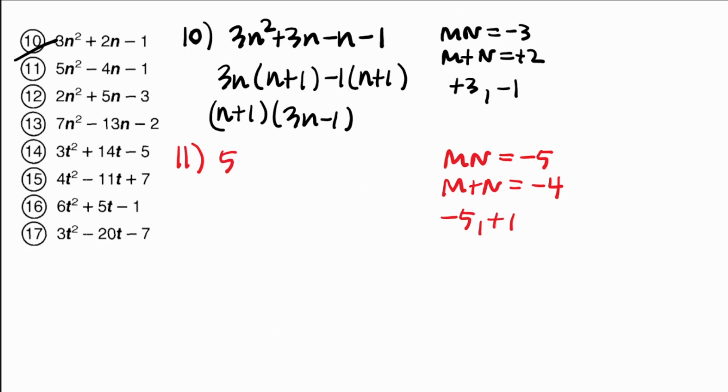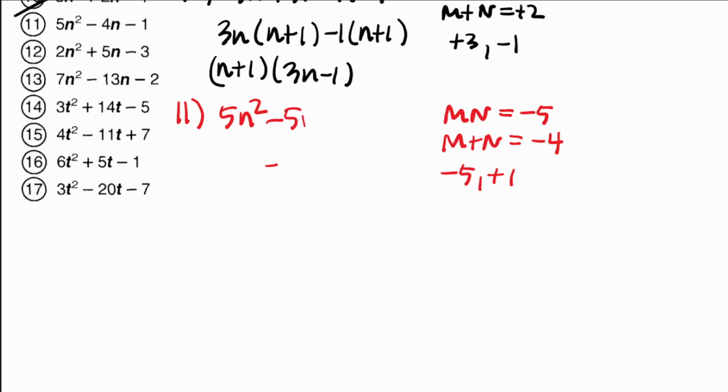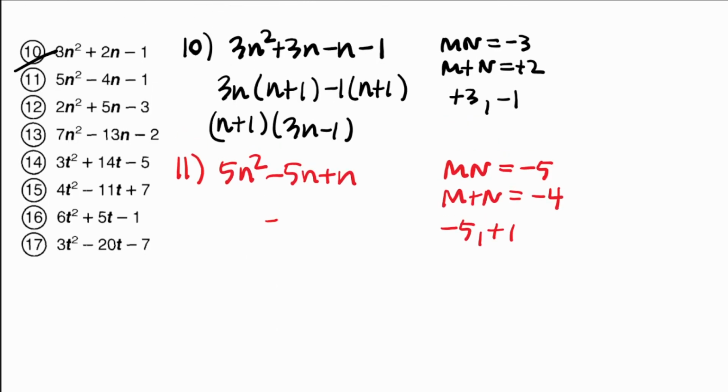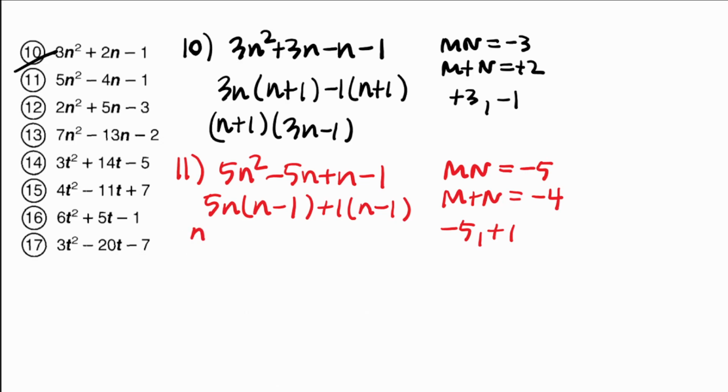Alright, so 5n squared minus 5n plus 1n minus 1. I'll group and factor. I can only factor a 1 out of that, but that works because I can get the n plus 1 out and be left with 5n plus 1.